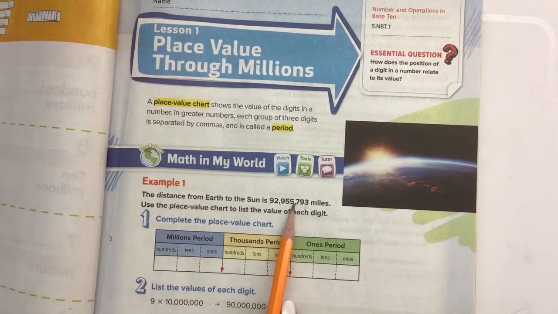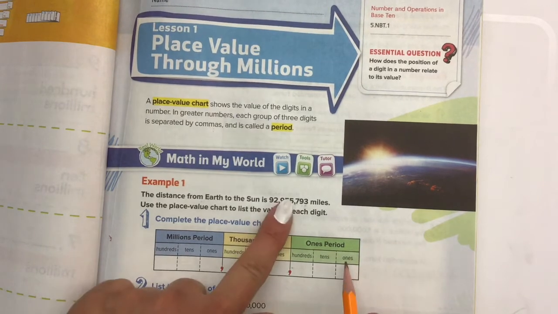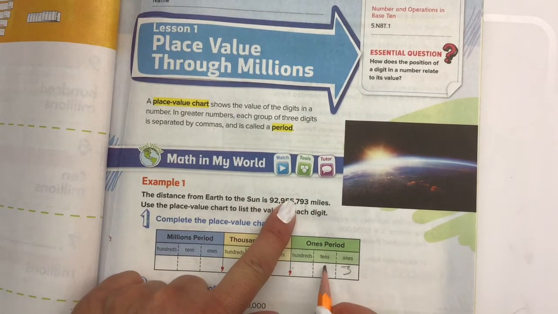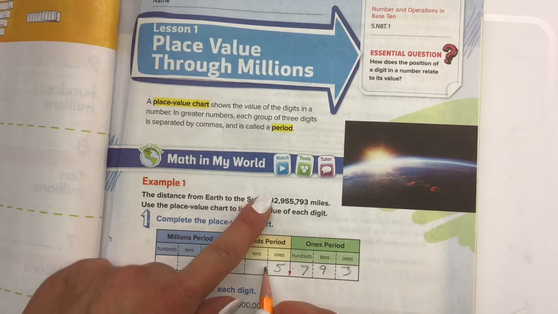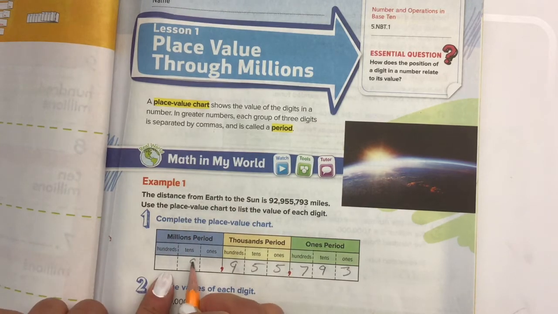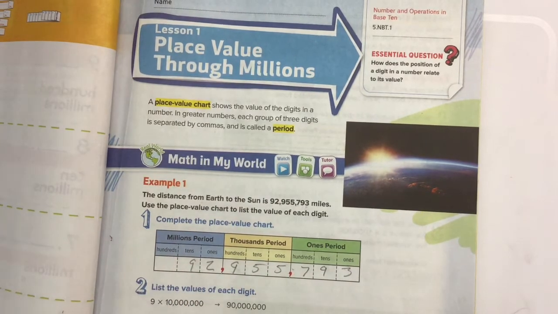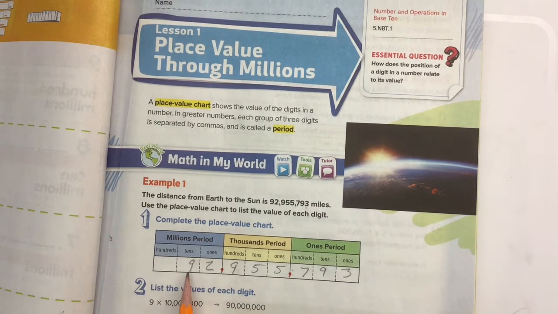Well, the easiest thing to do is to start with the 3 and write it backwards so we fill in all of the spots. 3, 9, 7, 5, 5, 9, 9, 2. And you read it like this. Because it is in the 10 millions, we're going to say 92 and then million.